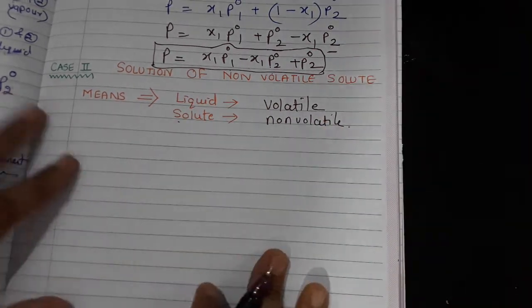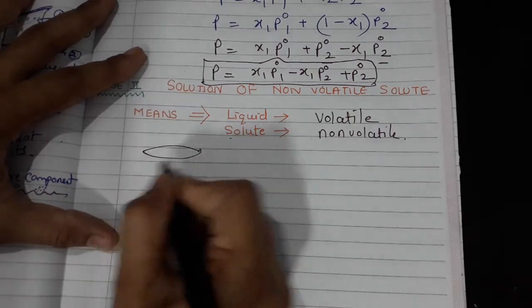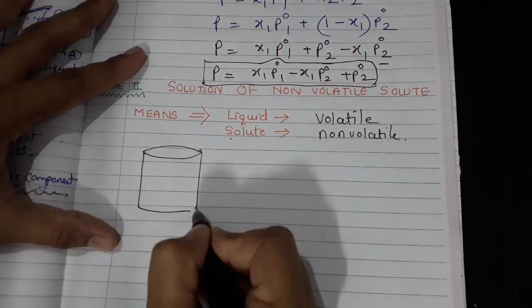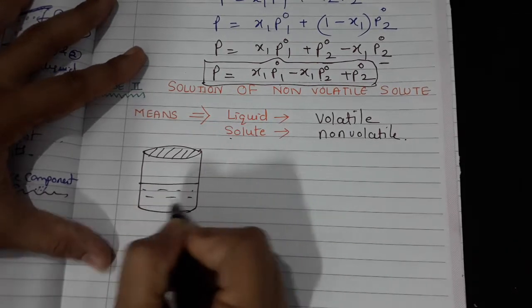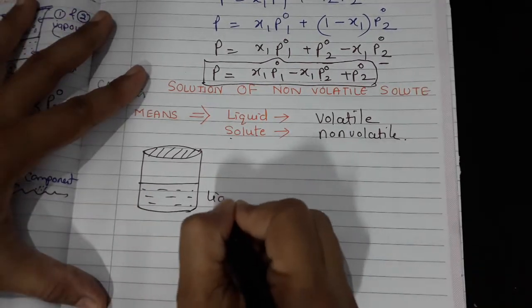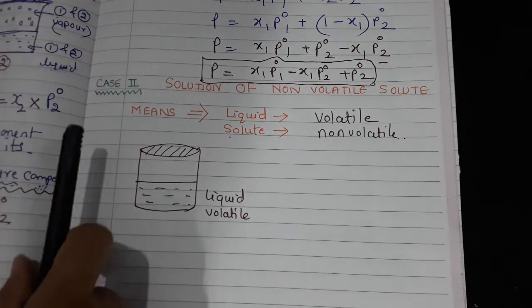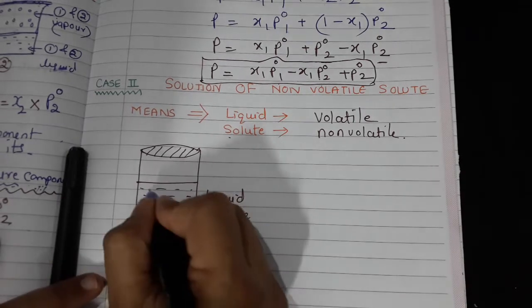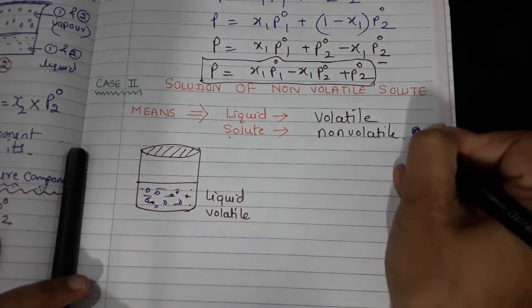We begin with the explanation: we have a beaker closed with a lid, with a volatile liquid inside it.